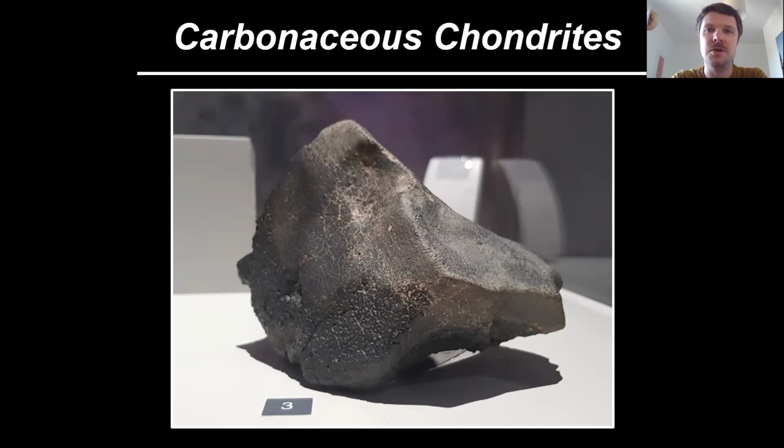And so not only can they bring things like water to the early Earth, but potentially they can bring the kind of starting point for life. So not necessarily life, but all those carbon and hydrogen and nitrogen components that you need in order for life to start forming are locked up within these carbonaceous chondrites.